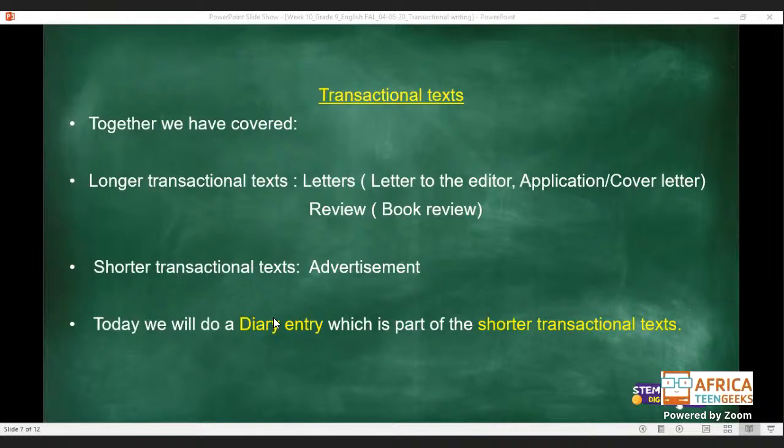Host, can you please unmute Ncebo? Okay, it seems like Ncebo is not in the class. Maybe Ncebo will come back and we'll give him the opportunity to speak. Okay, so very interesting to see that we keep diaries and it's important that we keep them safe.